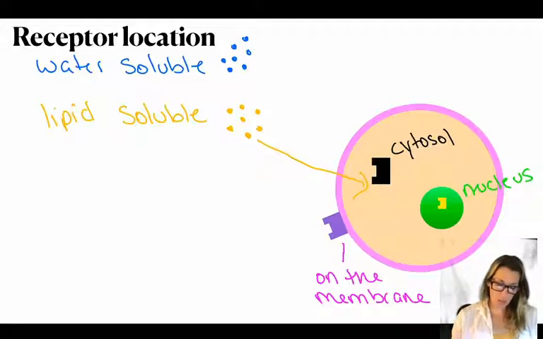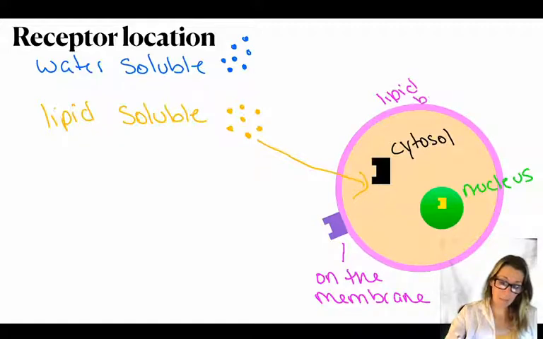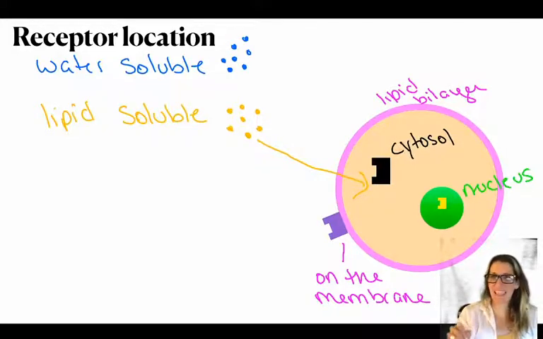Whereas water soluble, those can't pass through that lipid bilayer. Remember, we saw that image in one of the earlier lectures where if you pour oil into water, it beads up, right? And remember that this bilayer is a lipid bilayer. So if we take water soluble things, so polar things, and we try to pass those through the lipid bilayer, that can't happen. They don't like each other.